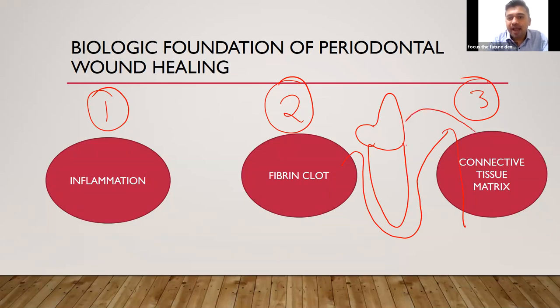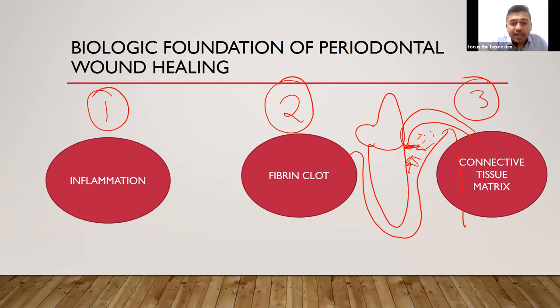When you put the flap back like this, after the treatment, whatever treatment, or even a normal subgingival scaling, when the pocket epithelium attaches back to the tooth surface, what normally happens is there is inflammation first, then a clot is formed here, and then cells from different areas will try to repopulate the site and form new tissues there.